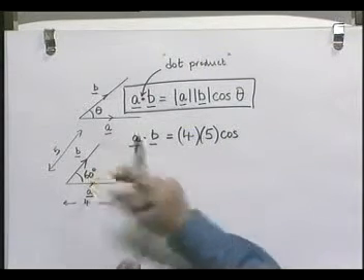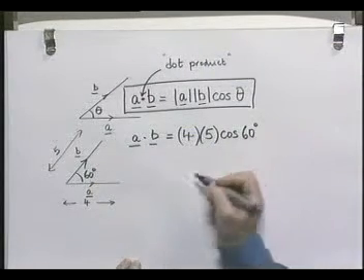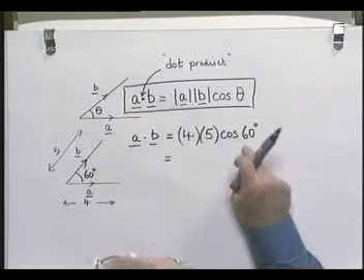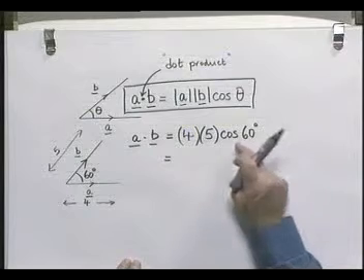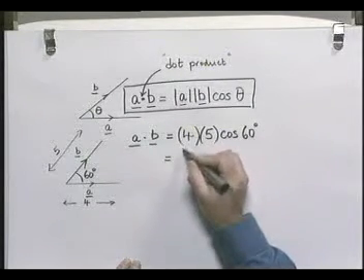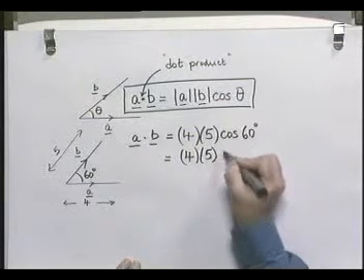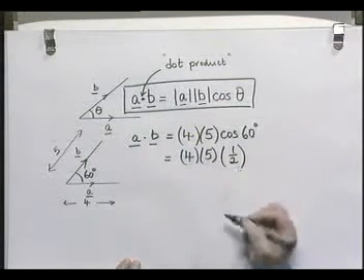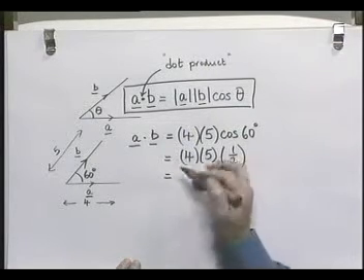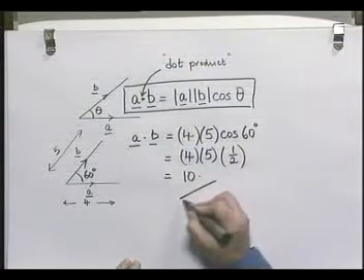And so we want the cosine of 60 degrees. Now, the cosine of 60 degrees, if you don't know, you can work it out on your calculator, but it's a common angle, and the cosine of 60 degrees is a half. So we've got 4 multiplied by 5 multiplied by a half. So if we work all that out, we get 4 5s are 20, and a half of 20 is 10. So that's our first example of calculating a scalar product.